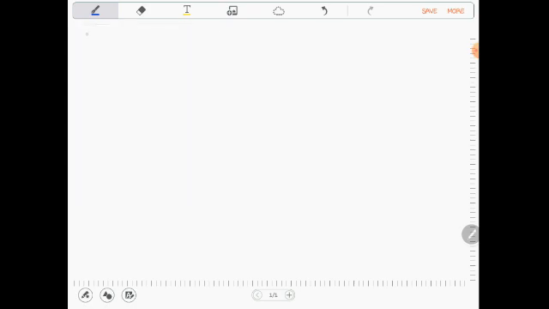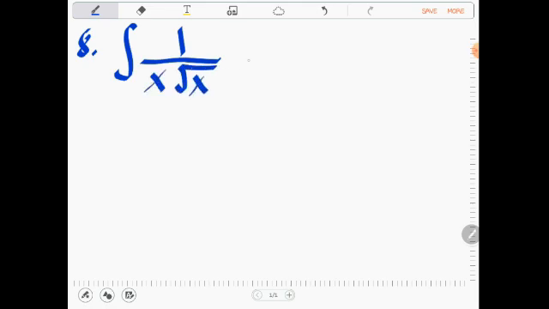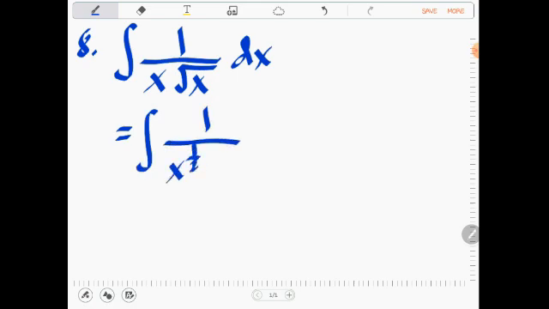For number 8 naman, we have the integral of 1 all over x multiplied by square root of x dx. Okay? So, in this case, pwede natin siyang pagsamahin. So, ito ay parang ganito. 1 over x raised to 1 half. Sorry. This is 1.